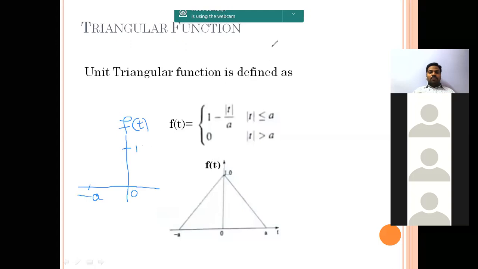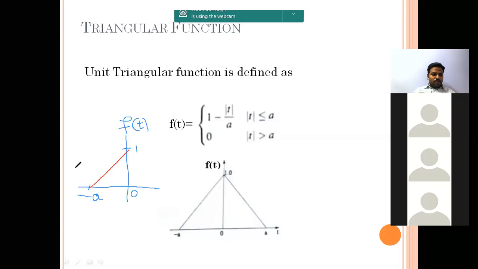Please observe it very carefully. Now I am going to explain how this mathematical expression is written from the graphical representation of a triangular function. This is a straight line which joins minus a and 1.